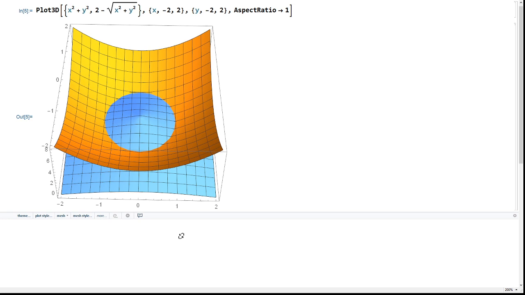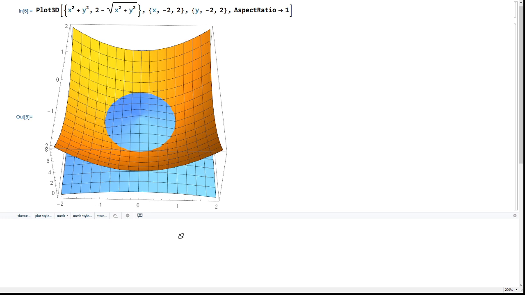We can be a little clever with this. We can say z plus square root of z minus 2 equals 0, and we can factor this if we look at it the right way.